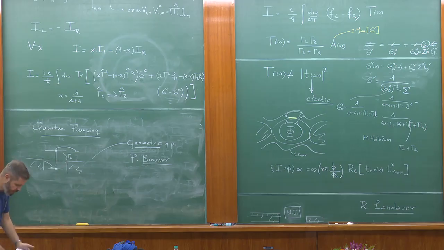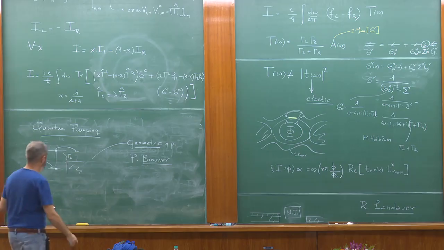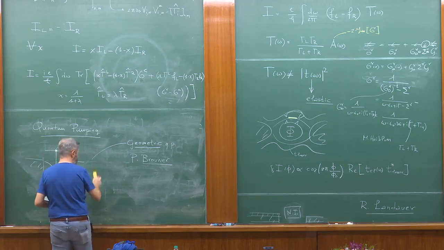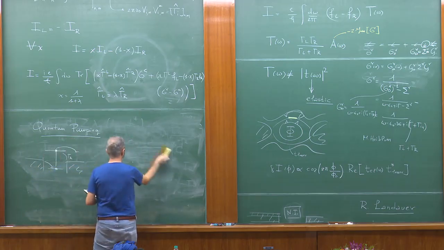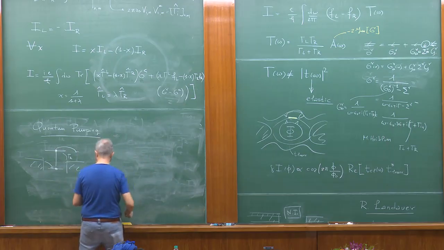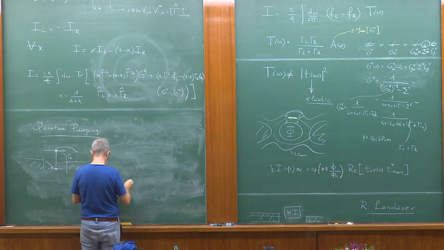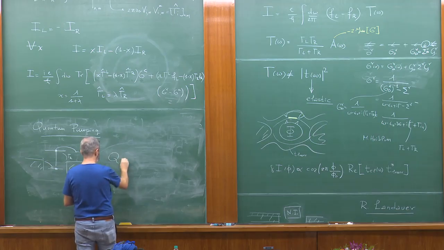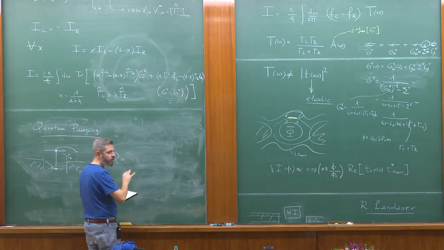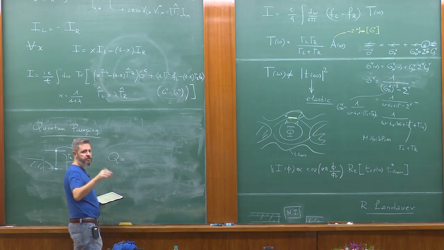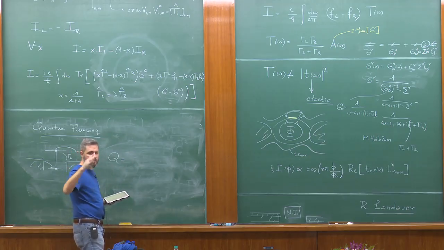Now, what Pete Brouwer understood is that in general, for these systems, you can write, in a limit that I will discuss in a second, the pumped charge as, okay, this is not the original Brouwer formula, that is a bit more complicated, written in terms of S matrices and complicated stuff.